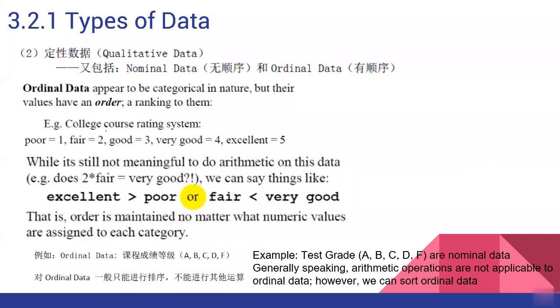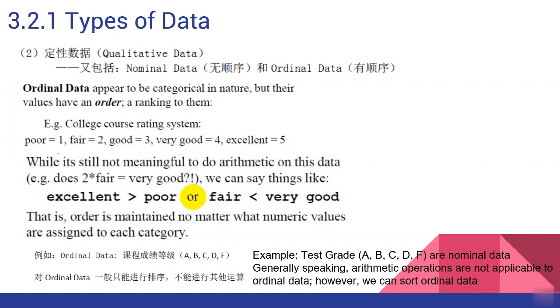For example, in the college course rating system, if we denote poor as 1, fair as 2, good as 3, very good as 4, excellent as 5, these are ordinal data because, first of all, these are codes, they're numbers, right? Numbers don't mean anything, but they have order. 5 is always greater than 4 because excellent is better than very good. 4 is greater than 3 because very good is better than good, right?